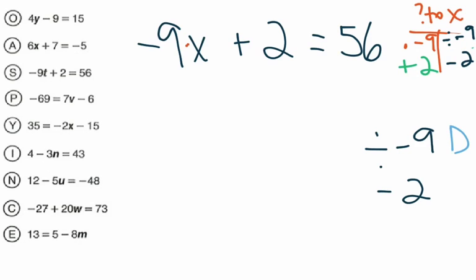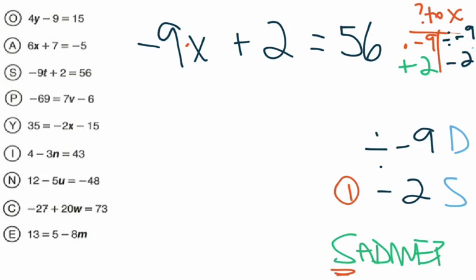So divide is D and subtraction is S. If I write sad meep down here, subtraction comes first. So I'm going to subtract first, and then division comes second. So I'm going to divide second.